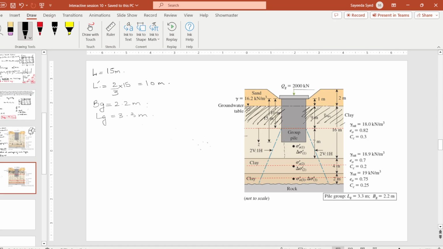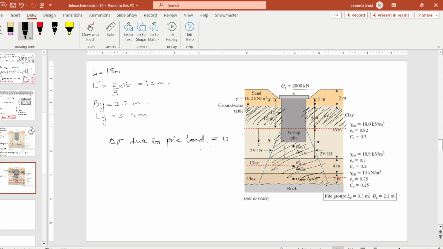What we mean to say here is that the delta sigma due to pile load will be 0 here, because the delta sigma is due to this portion.